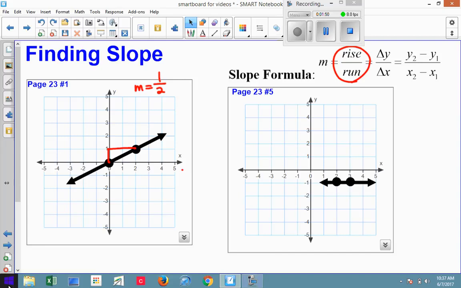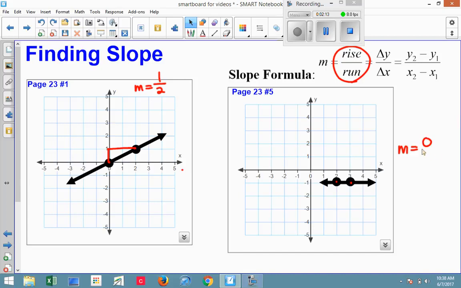Next, I'm going to try another, and this one is problem number 5 on page 23. Again, I'm going to calculate the slope by counting the rise and the run. If I start at this point and end at this point, I'm rising none. I'm not going up at all.